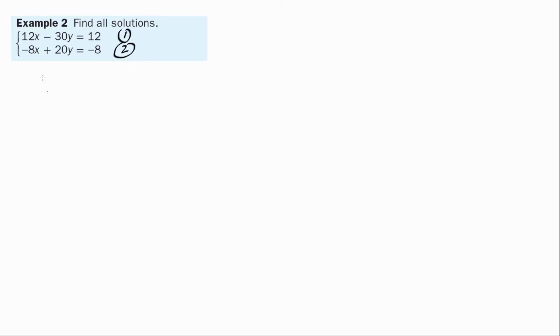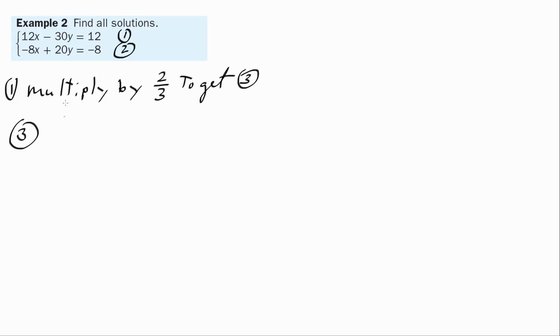So I'm going to take equation 1 and multiply it. Equation 3: 3 goes into 12 4 times, 2 times 4 is 8, so that's 8x, minus, 3 goes into 30 10 times, 2 times 10 is 20, minus 20y.